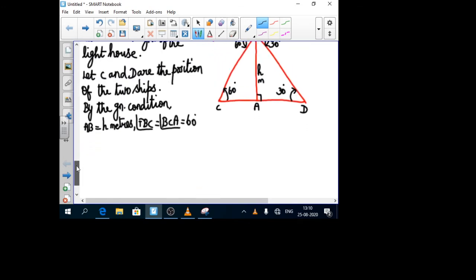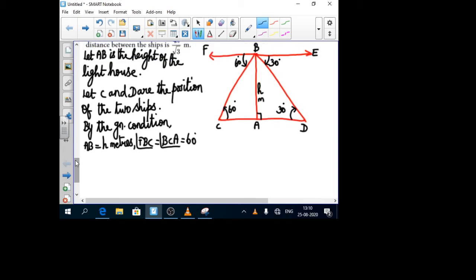Next, angle EBD equal to angle BDA is equal to 30 degree. So we have to take two right angle triangles and find out the answer.